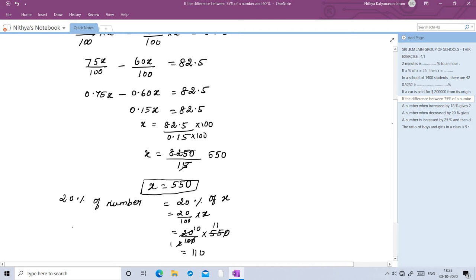So 20% of the number is 110. After getting the x value, we substitute into 20% of x. We got x is 550, so substituting here, you will get the answer.